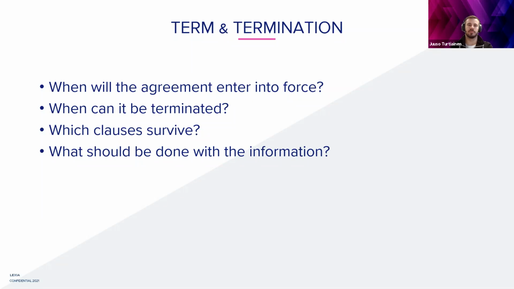So here it is good to define if the information needs to be returned or not, and even if you set out that the other party has to destroy the information, that they have to confirm that it actually has been destroyed, or confirm that they've actually returned all the information that's covered under the agreement, to ensure that you have control over the information, and that if they don't destroy or don't return the information, or confirm in writing that they actually have, there is a case to take forward after that.